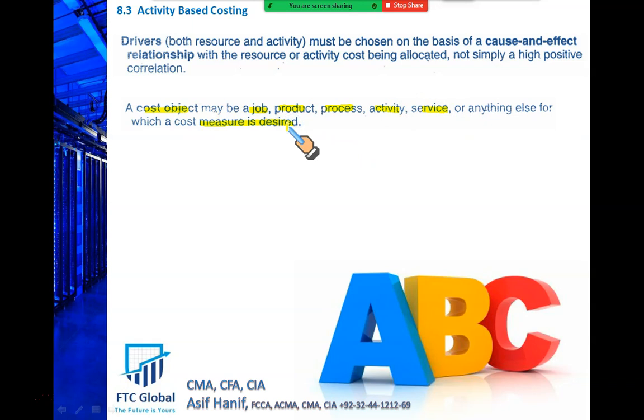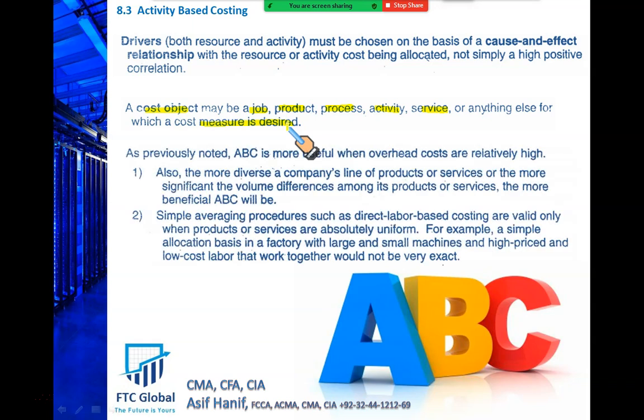One very important point you must remember, that ABC is useful for those organizations that produce a variety of products. If a company produces a single product, there is no point in using ABC. ABC is suitable when overheads are relatively high, fixed cost of production are much more, process is automated, and company produces a diverse type of production line.